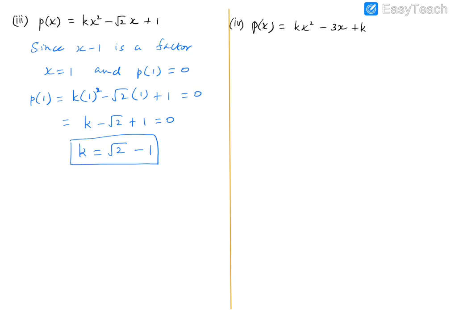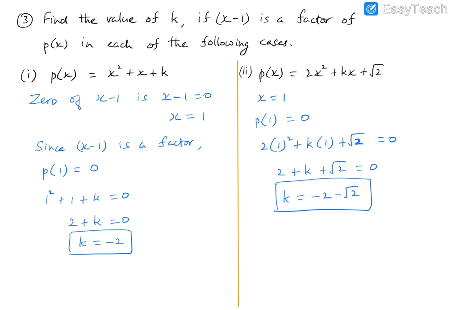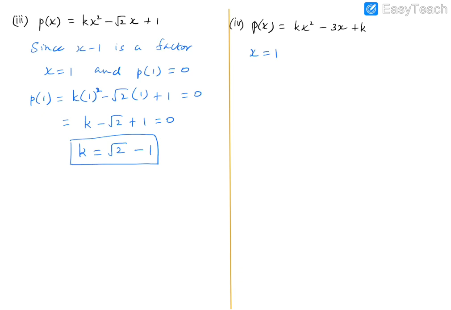Okay, so similar thing to be done for this last problem as well. So x equals 1, since we are doing x minus 1. Okay, we are given that x minus 1 is a factor for each of the cases. So x minus 1 equals 0, so that will give us x equal to 1. Again, let me write that statement.